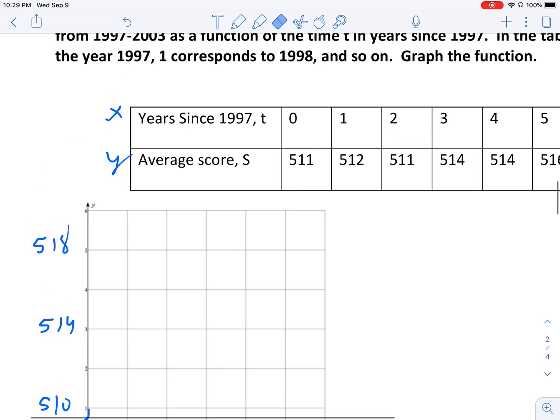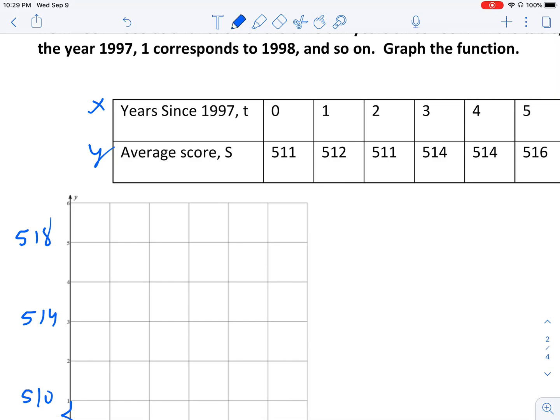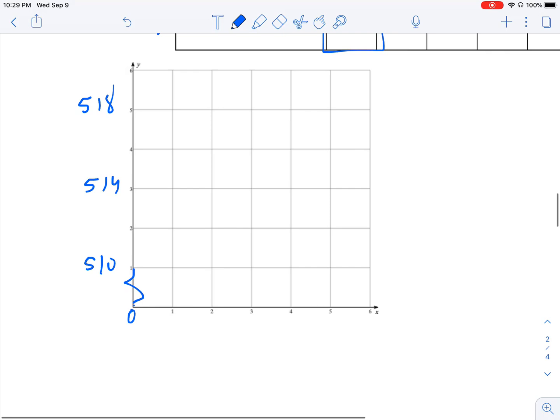So all we were asked to do is simply graph the function. The first point we can graph is (0, 511). Well, if this is 0 on my x-axis, and this is 510, that would make this 512. So 511 is kind of right in the middle here.